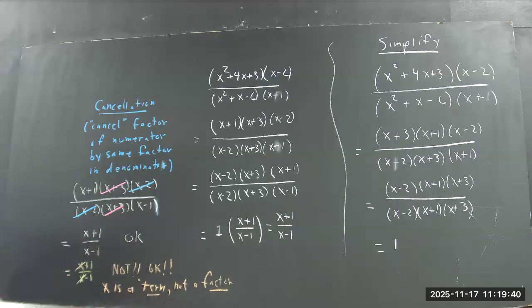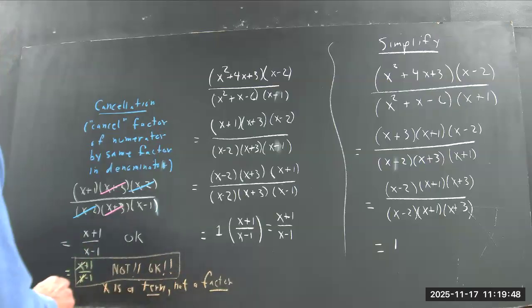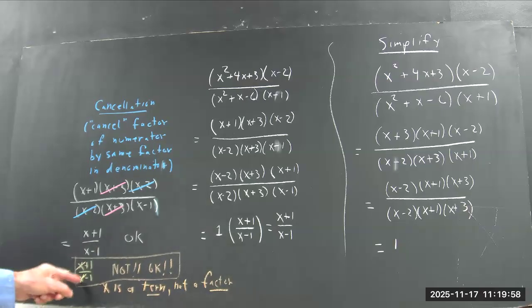Not okay. However, as many times as I explain this, a significant minority, probably even a majority of people, will still do this, which is why I don't talk much about cancellation.